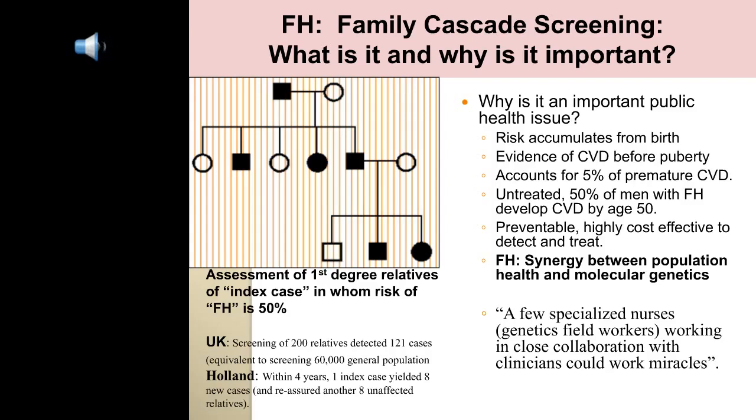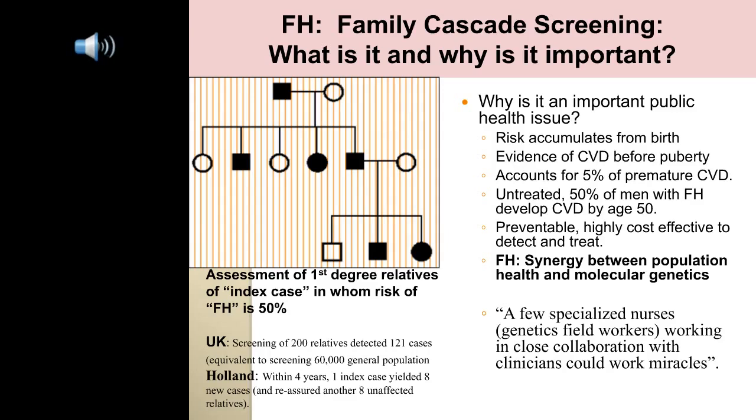And an example of the efficiency of this sort of approach is that a program in the UK screened 200 relatives and in the process detected 121 cases. To do that by a broad population screening program, you would have needed to screen around 60,000 members of the general population.